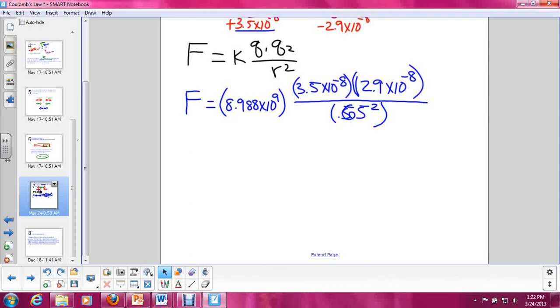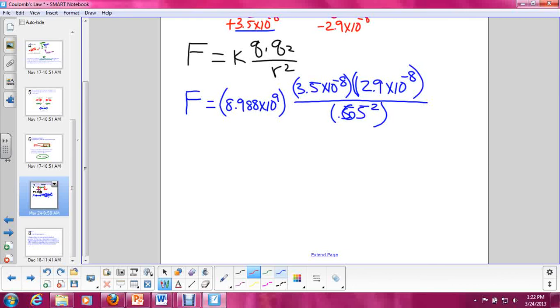So now it's a calculator problem. And this might be a big problem for some of you. Remember, parentheses, parentheses, parentheses. When you plug this into your calculator, add as many parentheses as humanly possible. You have to keep track of them, but the more parentheses you add, the better it will be in the end.